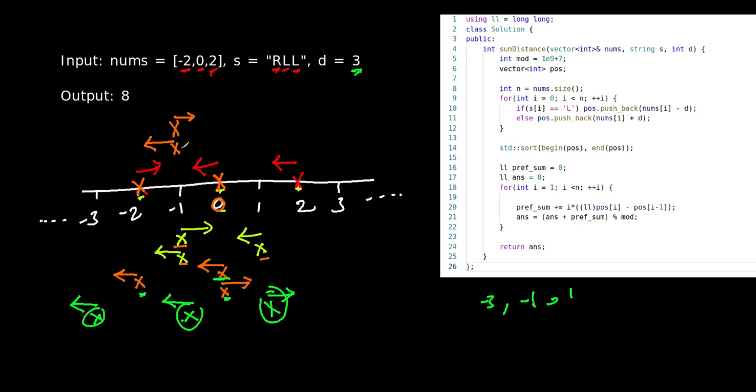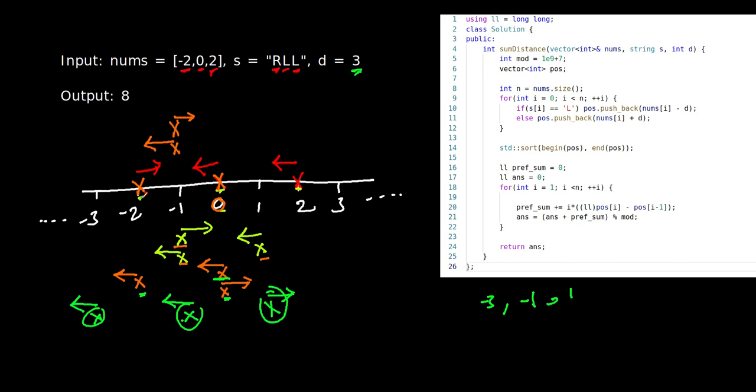But actually it doesn't matter which robot is going to the right, so we can assume that this one, the original one, is just going to the right direction without changing the direction. And this will lead to the same results.